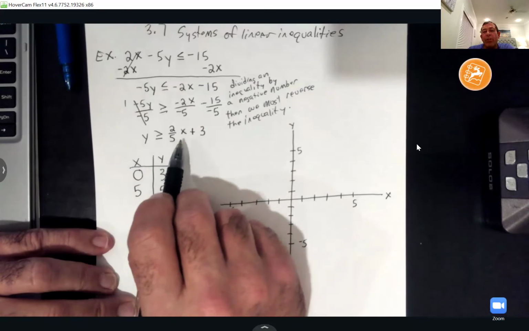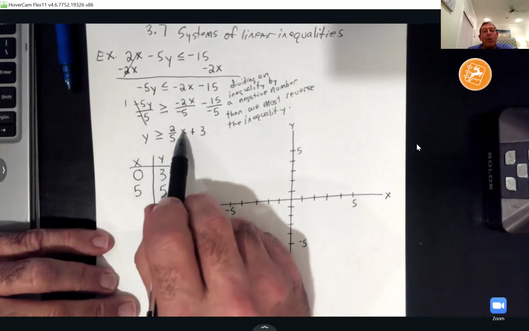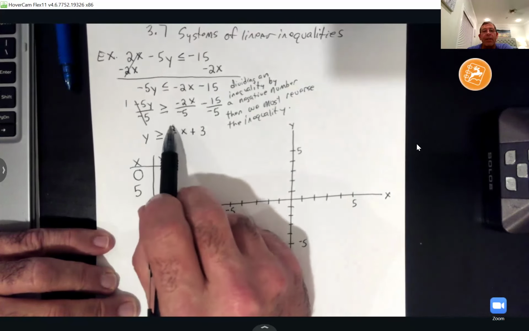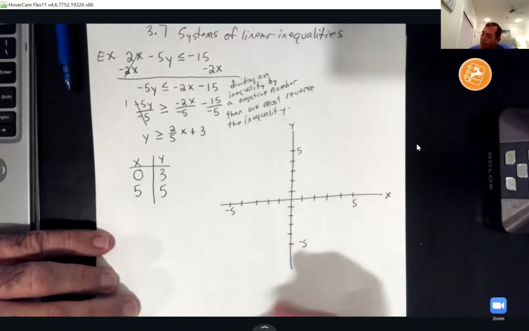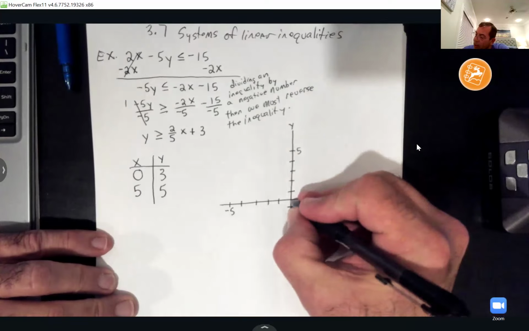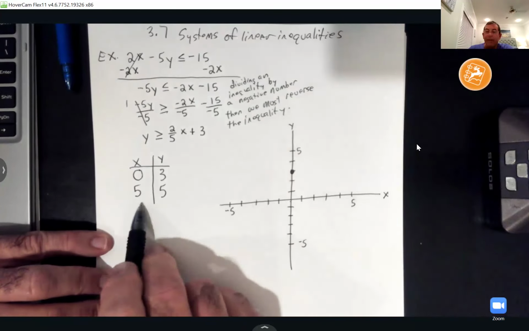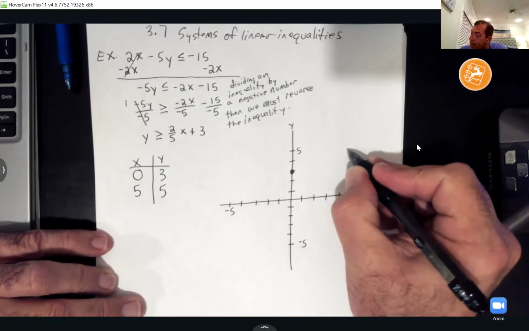So I always use 0 when I got fractions. And then my second X always matches the denominator. That way I can cancel the fraction and I just add or subtract whatever's on top, okay? So y'all 0, 3. Here's 0. Go up 3. 5, 5. I'm going to go right 5 and up 5.